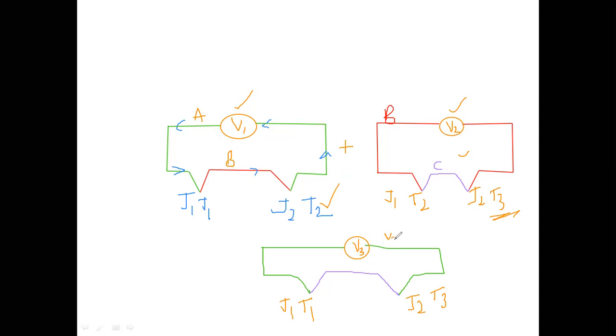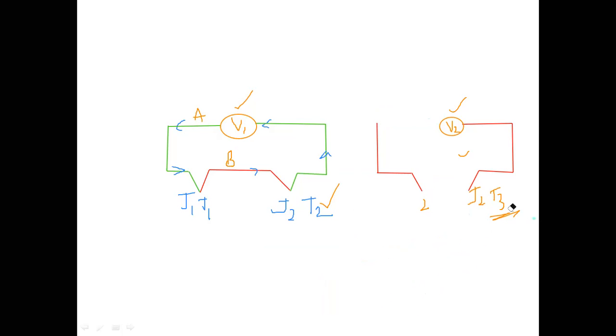Therefore V3 is equal to V1 plus V2, and it is proportional to the difference of temperatures T3 minus T1. This is called the law of intermediate temperatures.